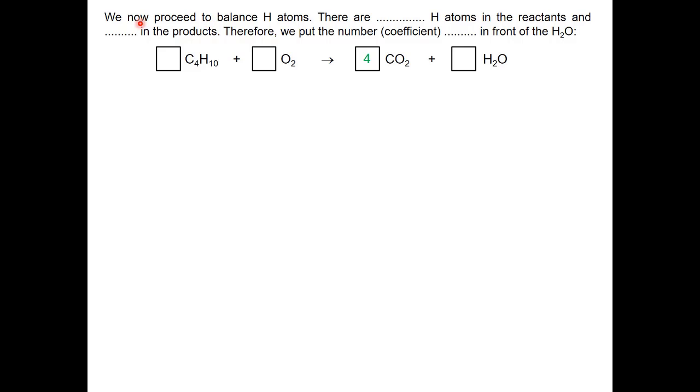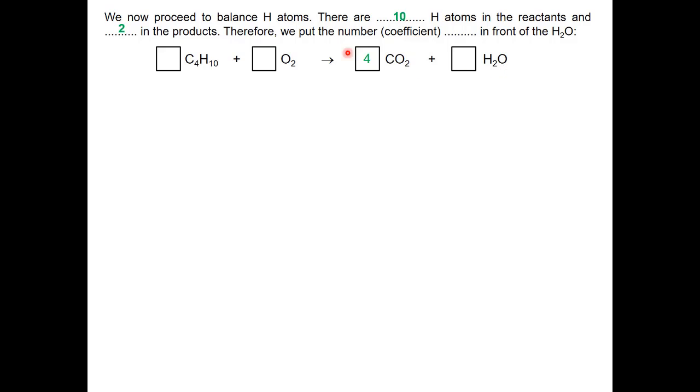We now proceed to balance hydrogen atoms. There are 10 hydrogen atoms in the reactants and 2 in the products.